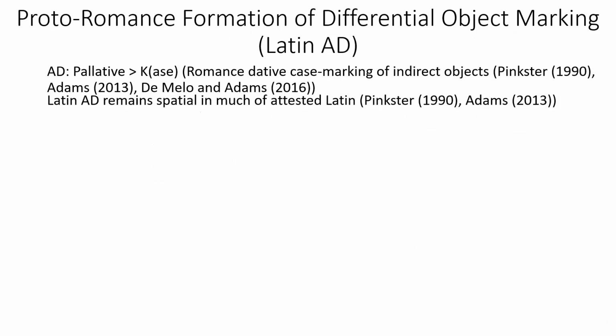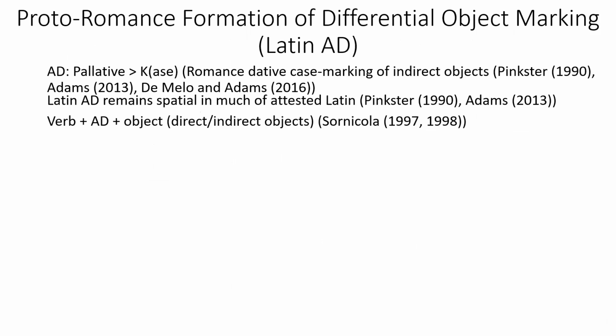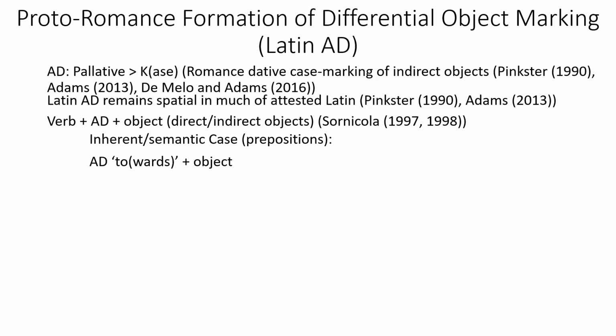In Latin, ad remains spatial, and most examples of ad denote motion towards. But in Proto-Romance, people have shown that ad is a marker of either indirect or direct objects. If we think in terms of inherent case and semantic case, prepositions are conventionally shown to select inherent and semantic case.